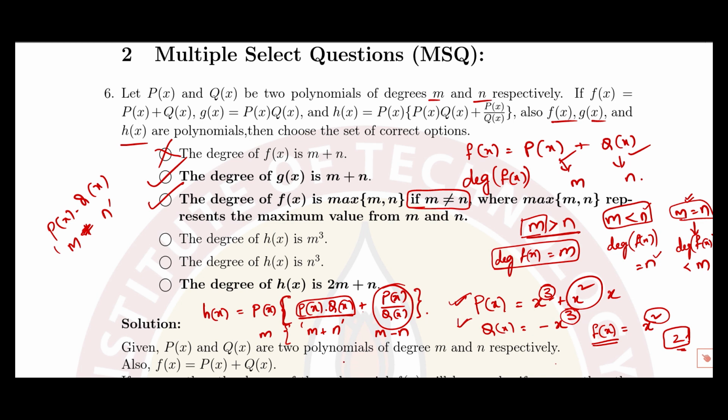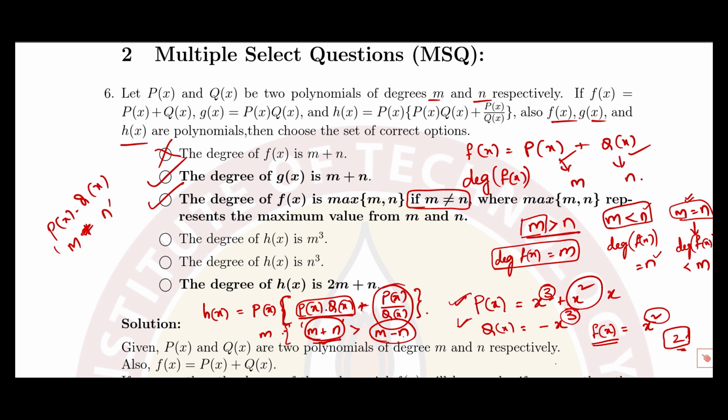As we know that degrees are positive, so m and n are positive, so m plus n will be greater than m minus n. So the degree of p of x times q of x plus p of x by q of x will be m plus n, and it is multiplied with another polynomial p of x.